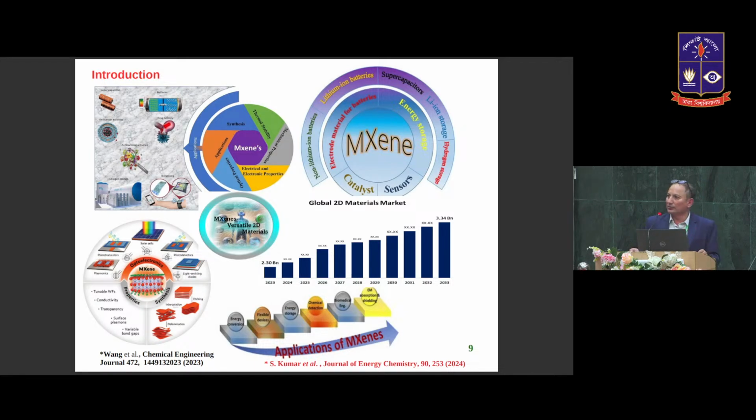From the global market point of view, the market for 2D MXenes is going to increase from 2.30 billion to 3.34 billion by 2033. It is very important in the case of energy conservation, chemical drug delivery, and various other applications.